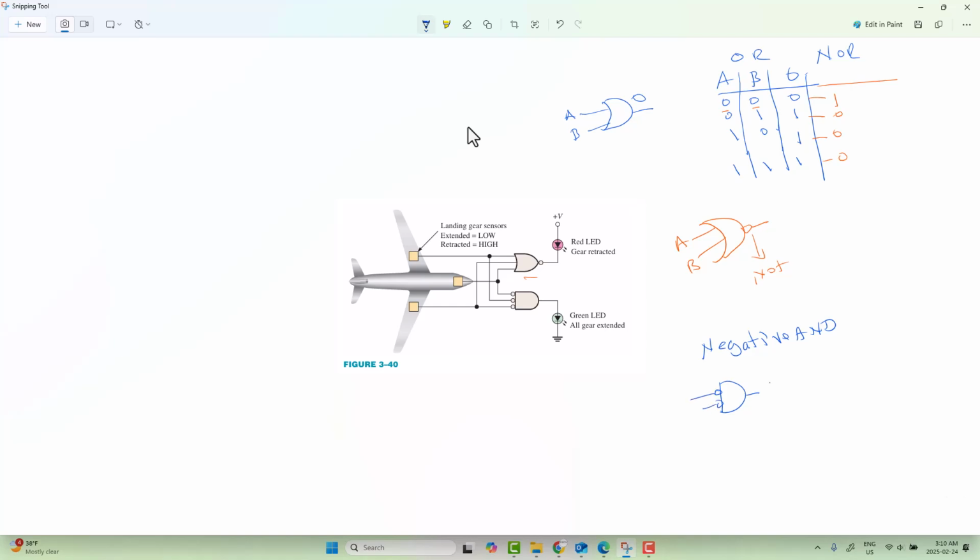Those symbols mean equivalent: this is equivalent to just the NOR. Both of them behave the same way, so basically, they are functionally the same.